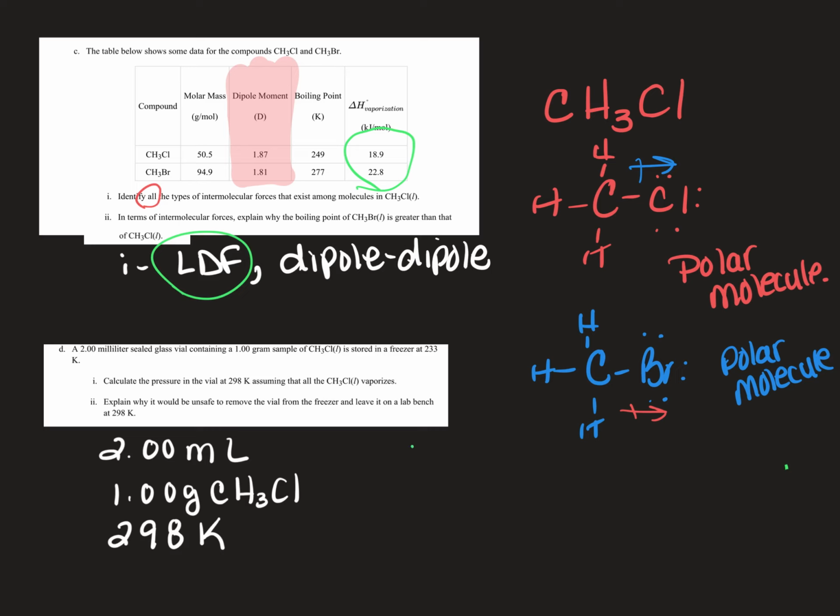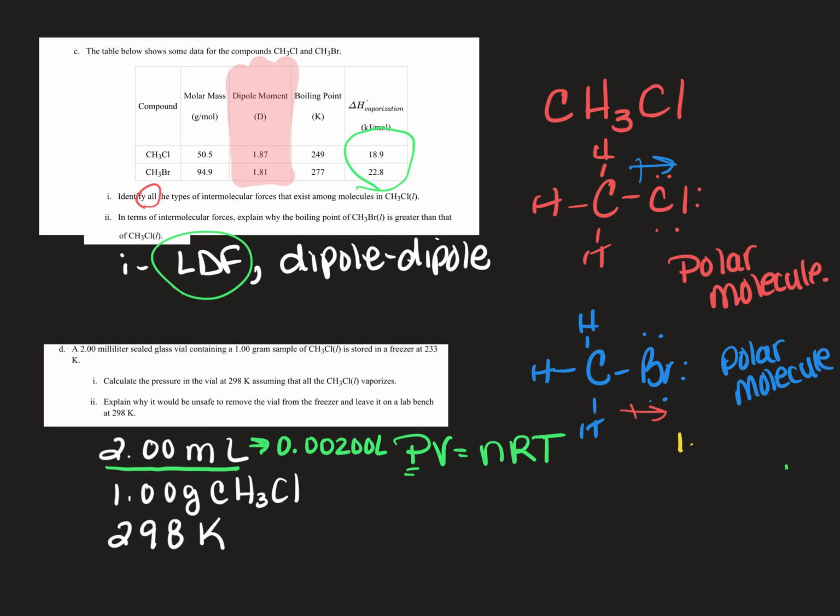So in this case, we're going to rely on PV = nRT to calculate the pressure. And so the volume here is 2 milliliters. When I use my volume, I have to put that into liters. So that's going to be 0.00200 liters. And then I have 1 gram of the methyl chloride.